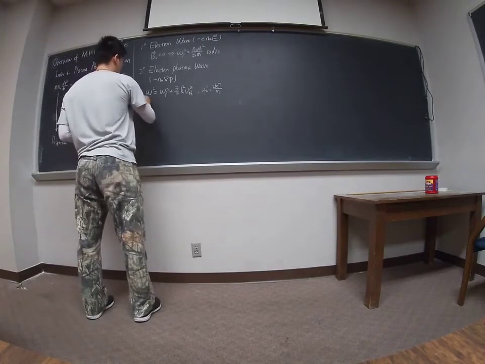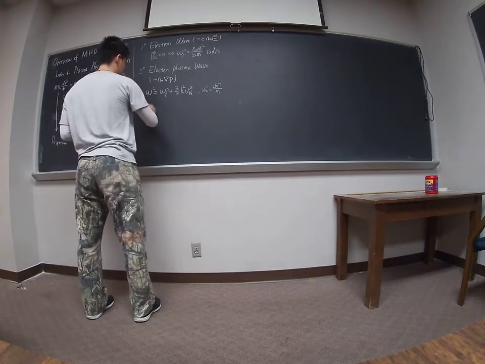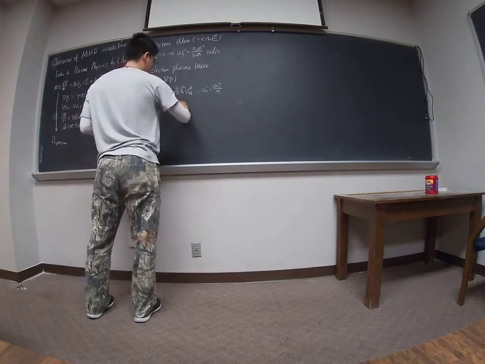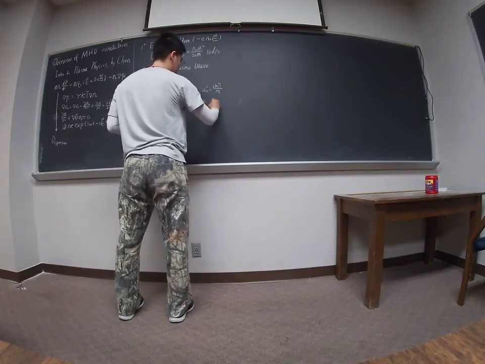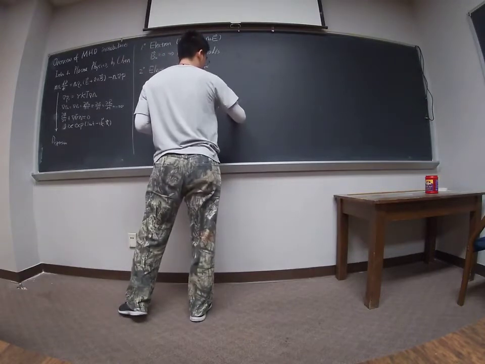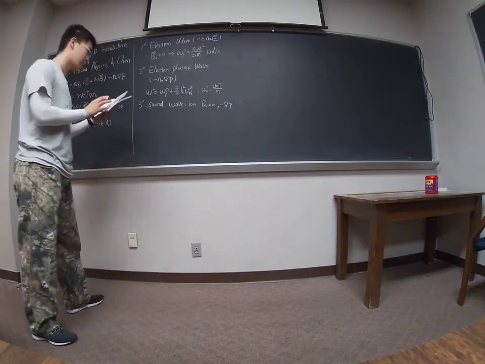And then the book talked about the sound wave. Basically we just study ion with B not equal to 0, and including the pressure gradient, because sound wave is induced by the pressure gradient.